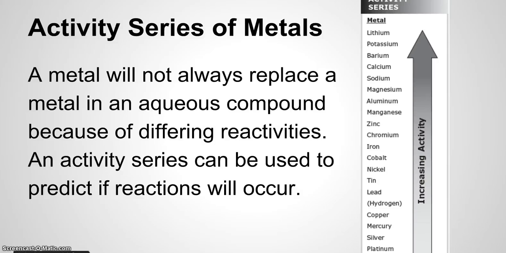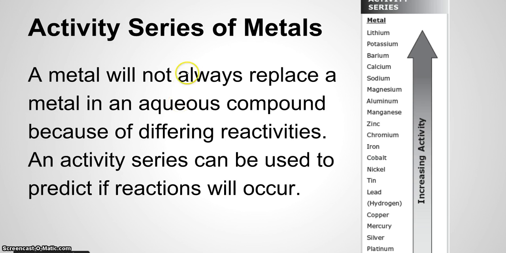Now, when we look at these, okay, we're not always going to get a reaction. Metals will not always replace another metal in an aqueous compound, and it has to do with how reactive they are. So we use this chart called the activity series of metals to determine whether a reaction will occur or not, okay?